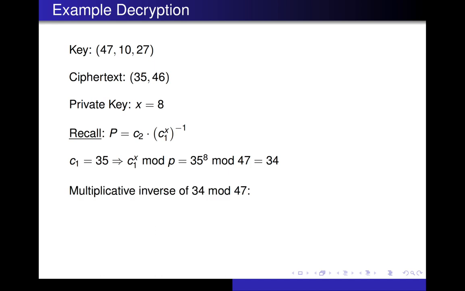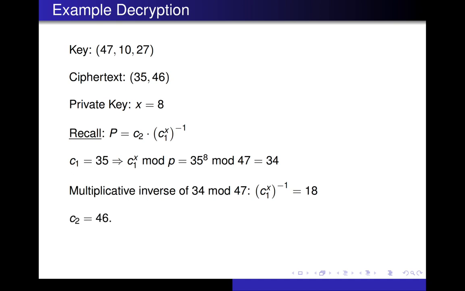Now, we're going to find the multiplicative inverse of C1 to the x, which means we want the multiplicative inverse of 34 mod 47. Now, again, this isn't too bad doing it using the generalized Euclidean algorithm, but it is unpleasant enough that I wanted to do it using Wolfram Alpha. You can write in multiplicative inverse of 34 mod 47, and Wolfram Alpha will very reliably send you back what that inverse is, and it turns out to be 18.